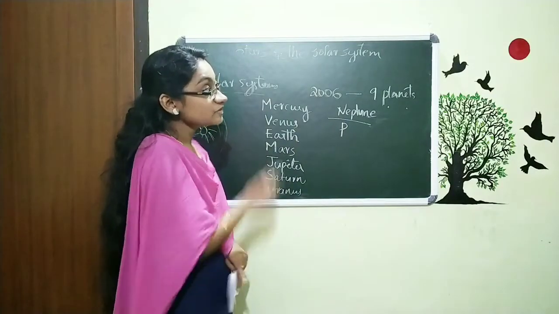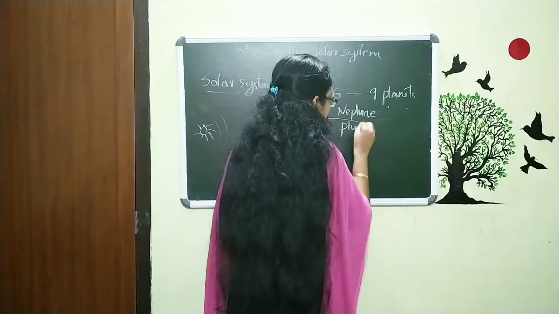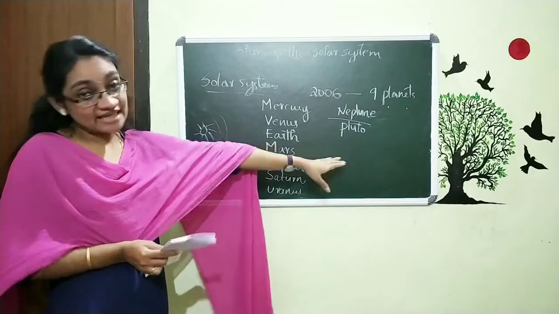And before 2006 we had 9, as I already said, that is Pluto. Pluto has gone, so now it is not considered a planet.